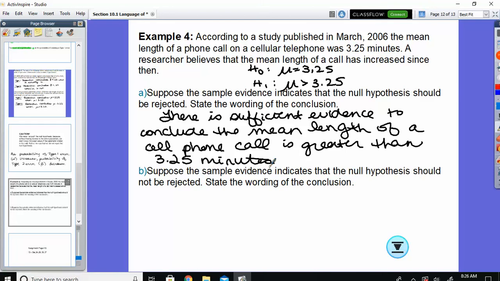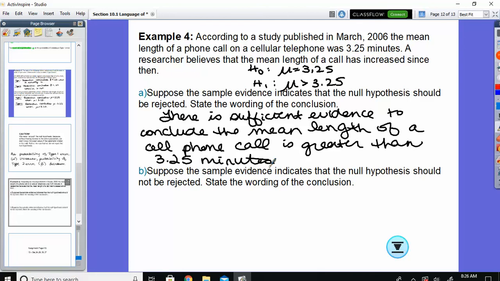Again, we're not saying it for 100% certainty. We are just saying there's enough evidence for me to believe this. I haven't proven it. I just believe that based on the sample evidence that was given to me.